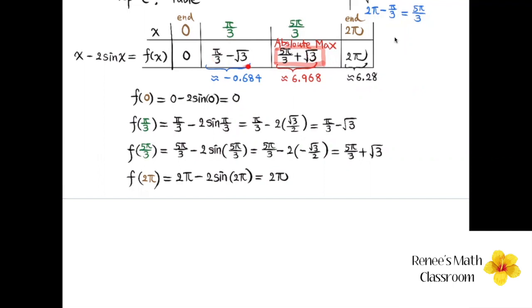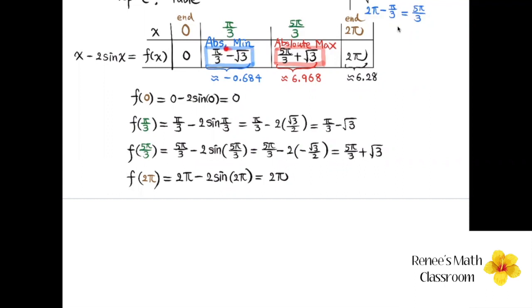This number here is the smallest among all of these, so it is the absolute minimum. The absolute minimum is pi over 3 minus root 3.